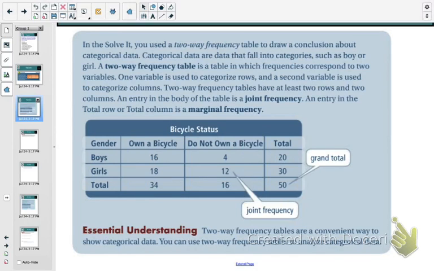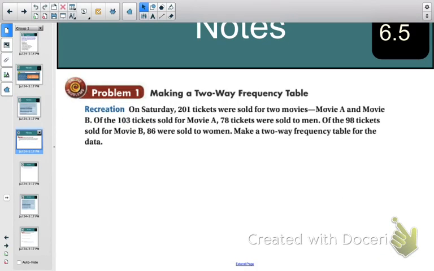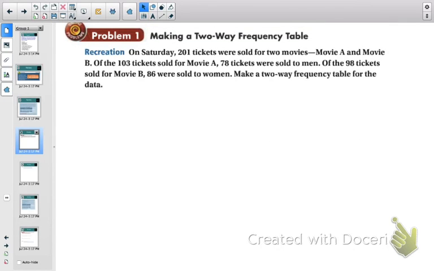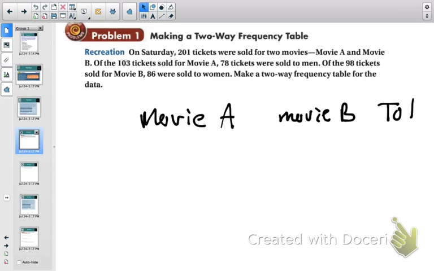Okay, on we go. We want to make a two-way frequency table now. On Saturday, 201 tickets were sold for 2 movies, movie A and movie B. Oh, how original. Can't wait to go see movie A this weekend. Okay, so I'm going to start with my 2 categories, movie A, movie B, and you also have to have room for a total, so we'll do that.